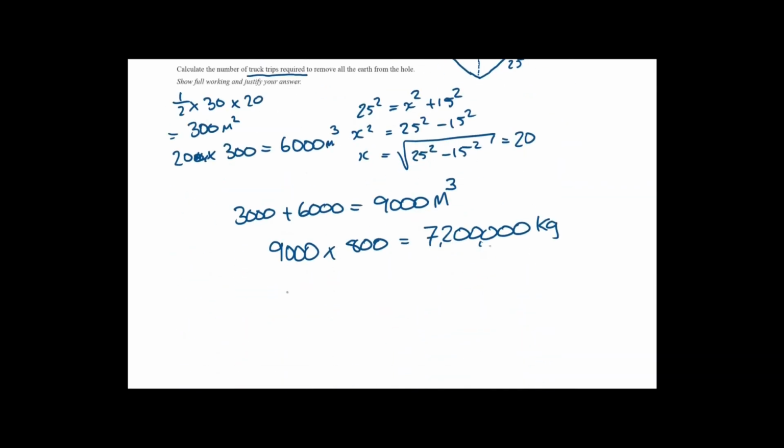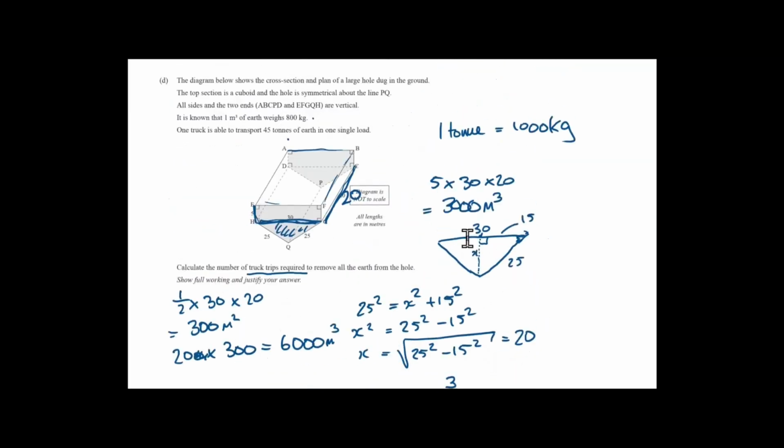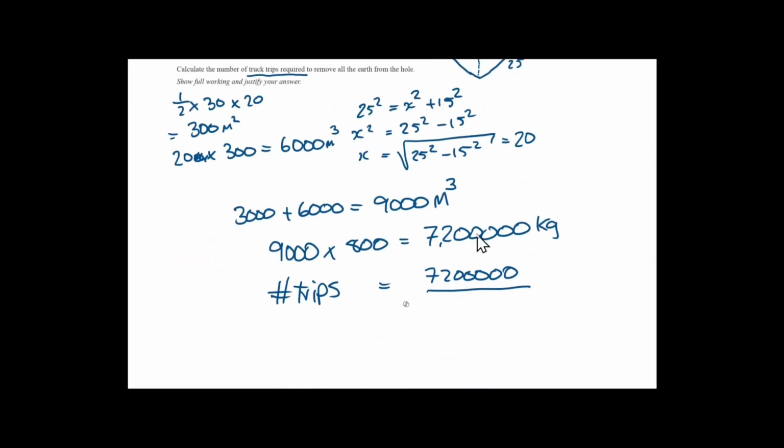So the number of trips, which is our final thing that we're trying to work out, is going to be this number here, 7,200,000, divided by, and I forget now, 45,000. It's going to be some number.